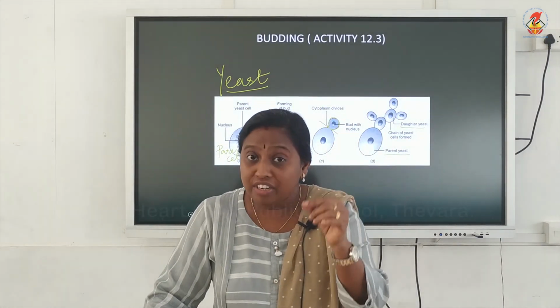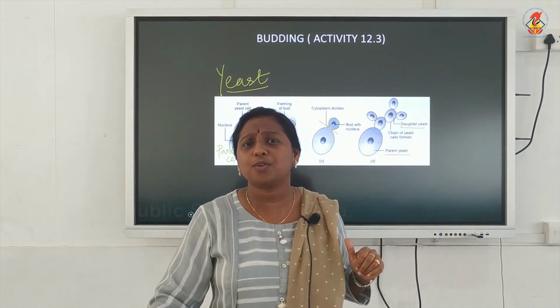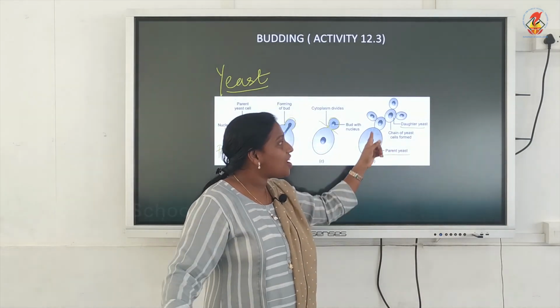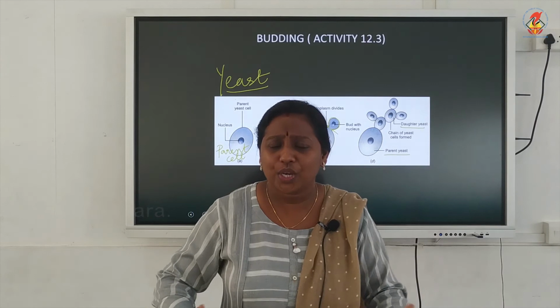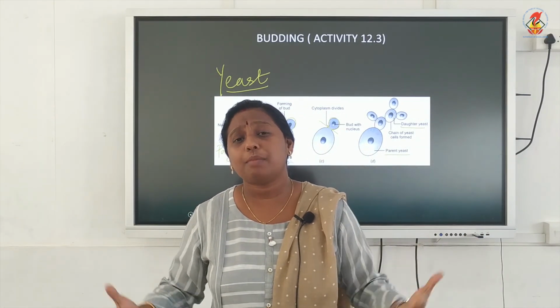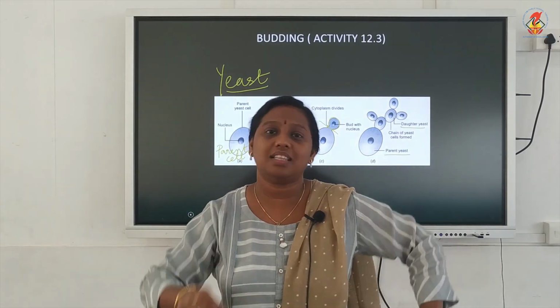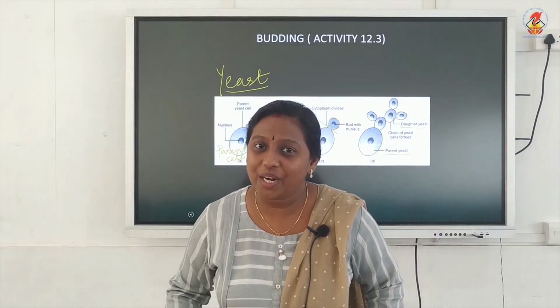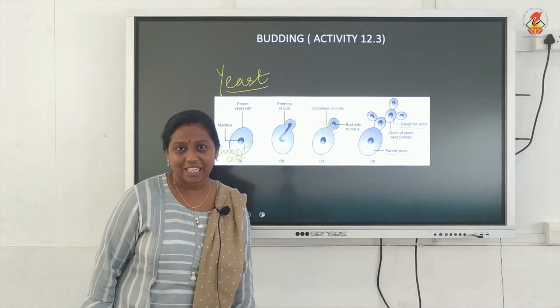Now after some time, if you take a little bit of the sugar solution and observe it under a microscope, you can see chains of yeast cells like this. You can see lots of yeast cells reproduced by the asexual method called budding. Understood? So, this is activity 12.3 in your textbook.